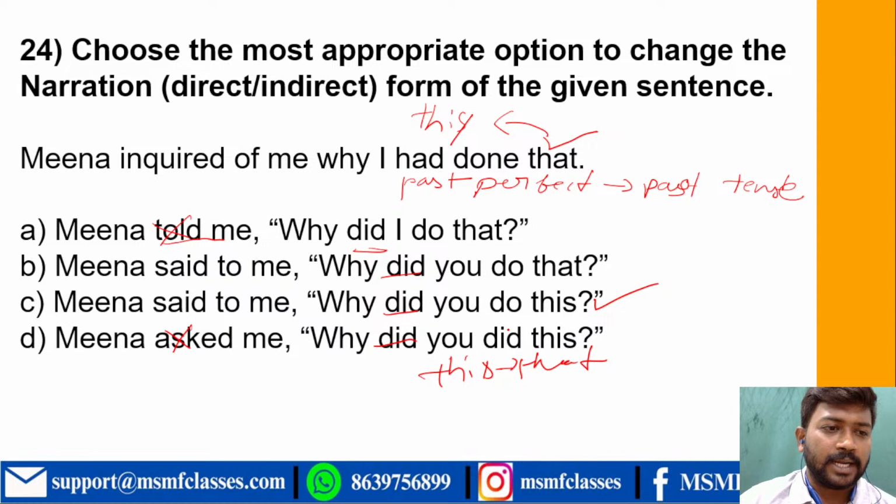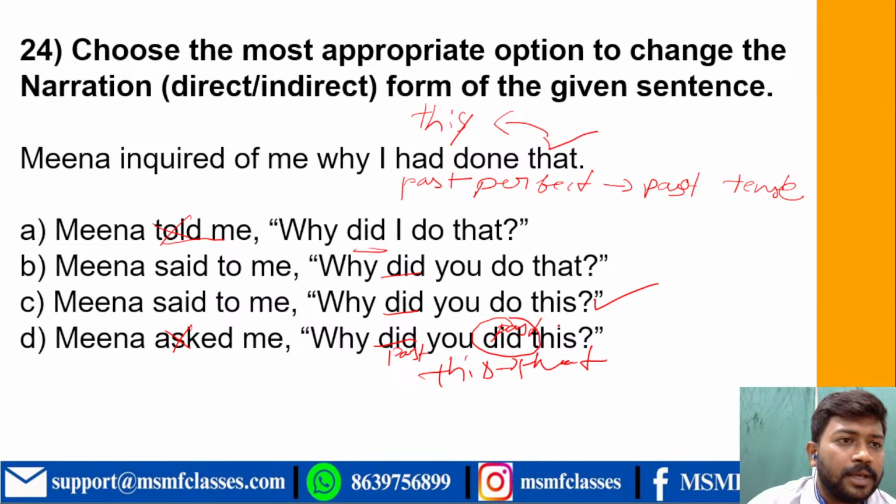So by using that case, I have chosen option C. Sometimes we use it, but "why did you did this" is wrong again here. Here also you can observe this. "Did" is already past. We don't use one more past here. That's the reason. I think your doubt has been cleared here, Gautam.